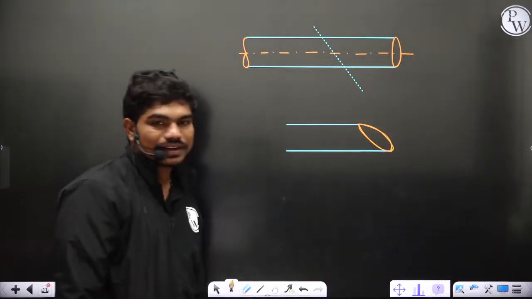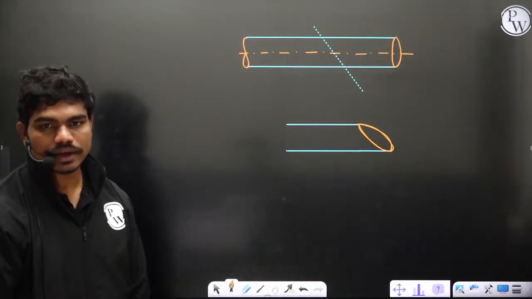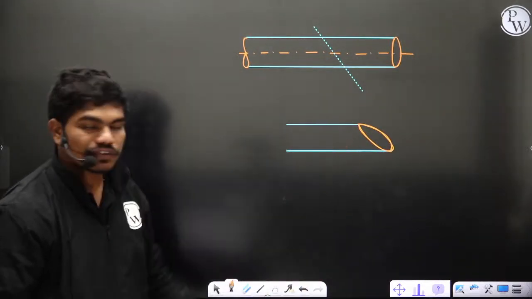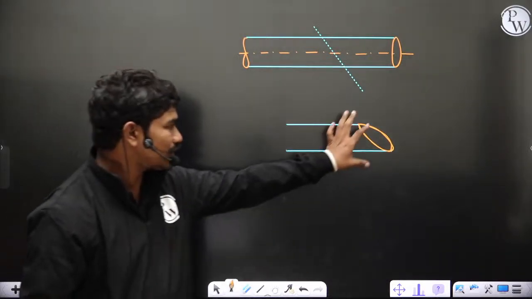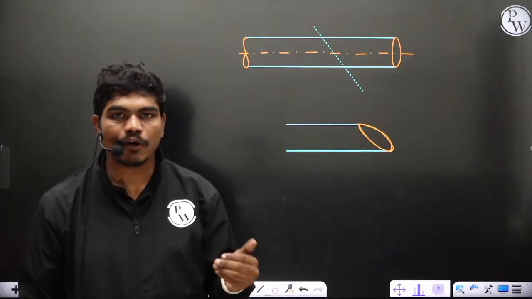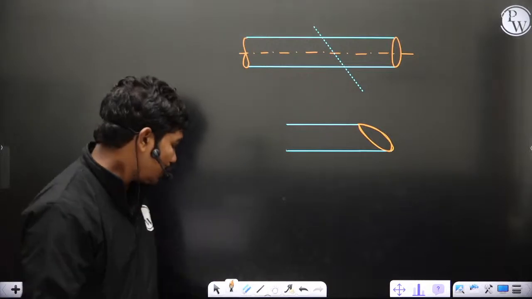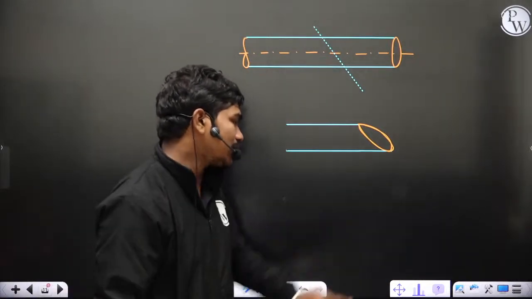If you want to calculate the mass flow through any surface, for example let us suppose we have a surface and some mass is coming out, how do we calculate the mass flow rate? Look, I'll tell you.